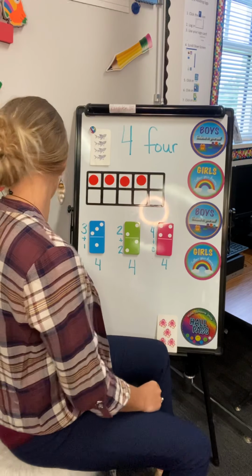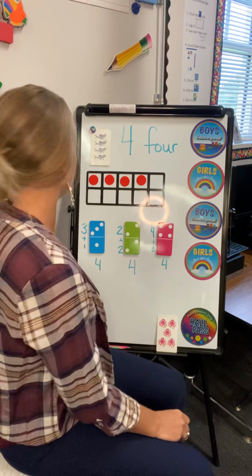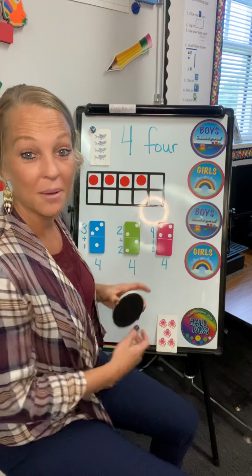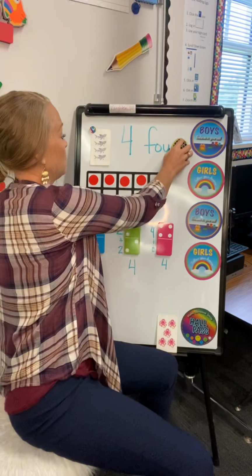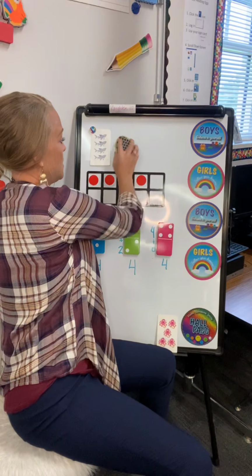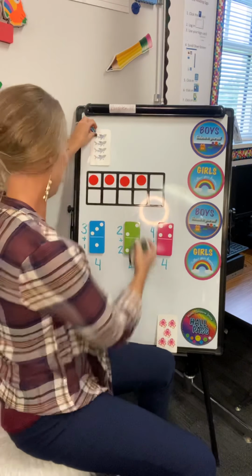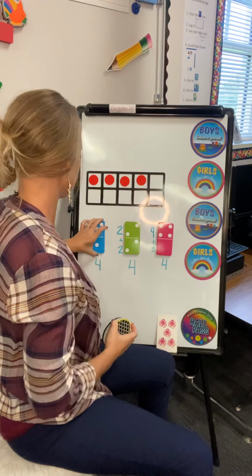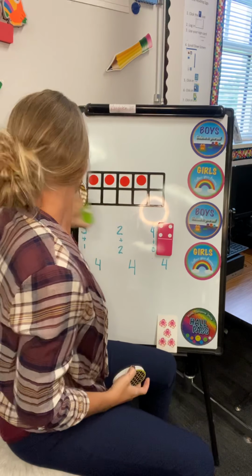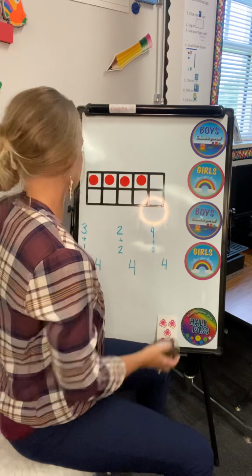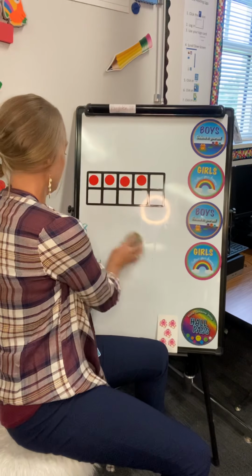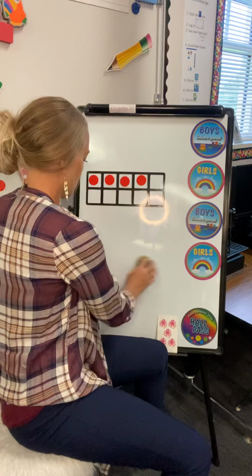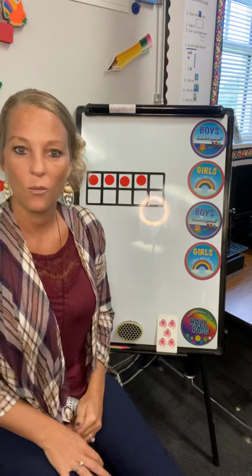And finally, by Friday, what comes after 4? You're going to work on the number 5. That's right. Okay, so what is one way to make and show the number 5?